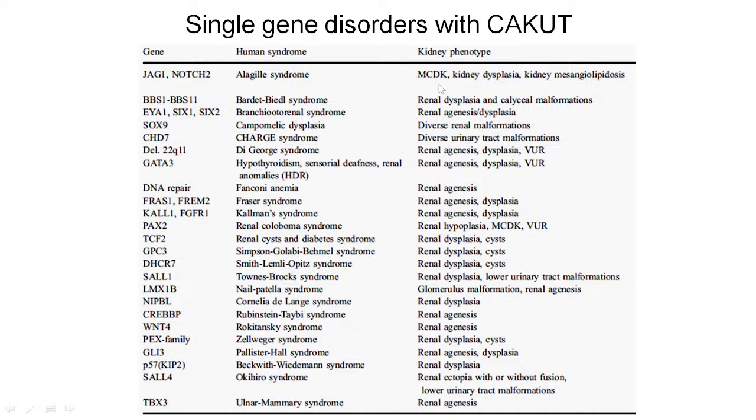So, in that there are multicystic dysplastic kidneys, kidney dysplasia, renal dysplasia, calyceal malformation, agenesis, dysplasia and many others. If we go and see, multiple conditions either have renal agenesis or dysplasia, and many genes are involved.